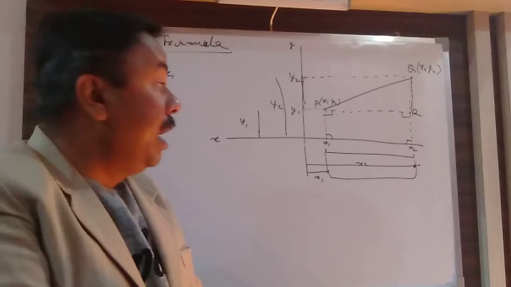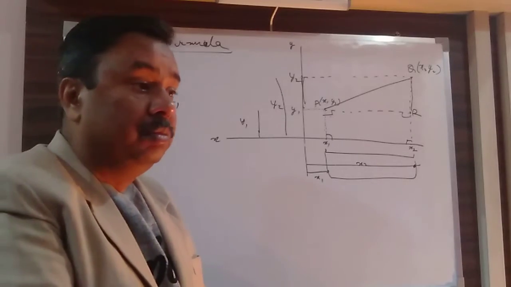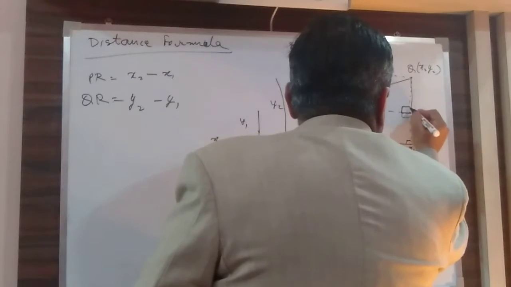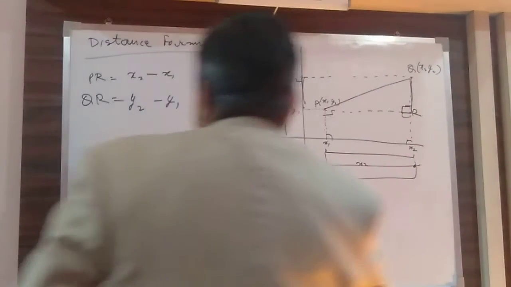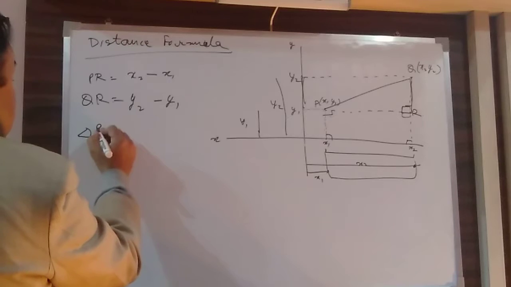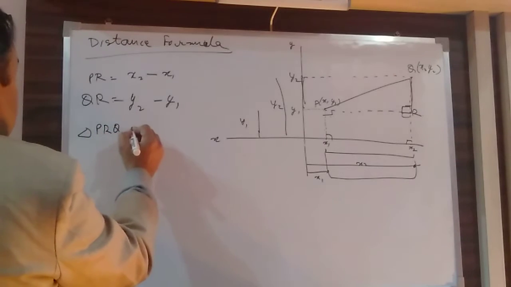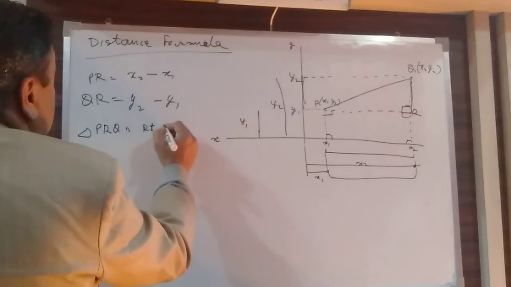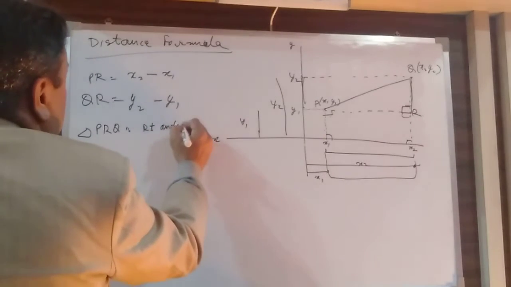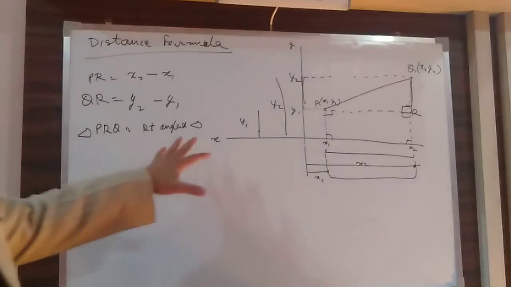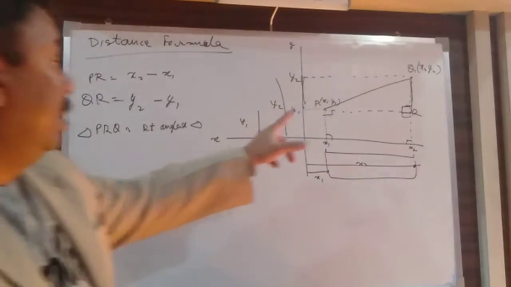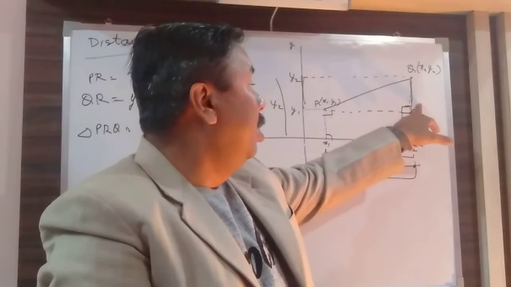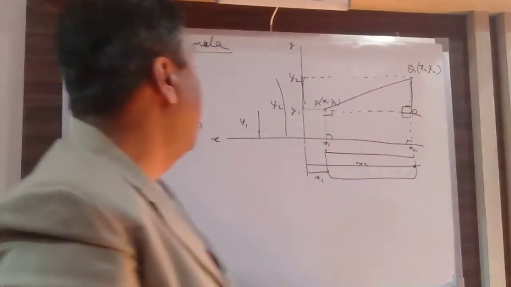Okay, I have to find out PQ. So this angle is 90 degrees. Now triangle PRQ is a right angle triangle, where this will be base, this will be perpendicular, and this PQ will become the hypotenuse.